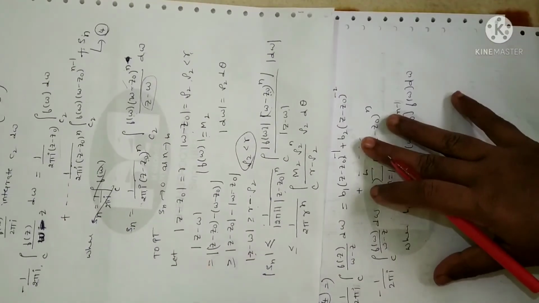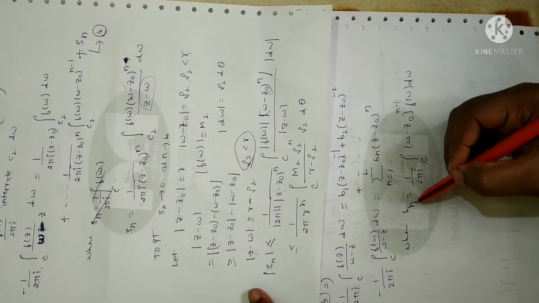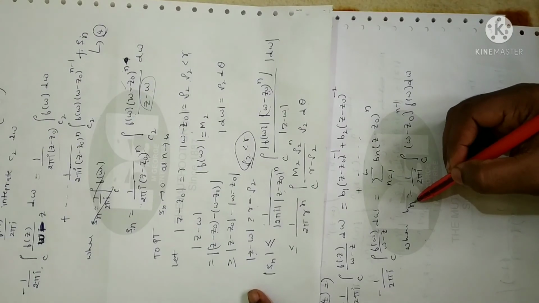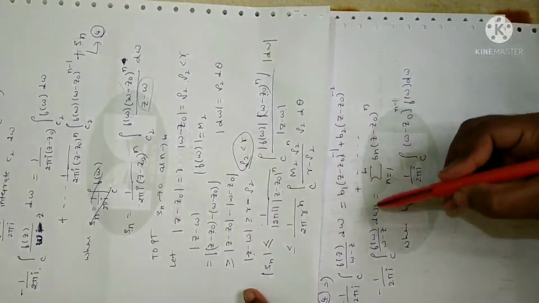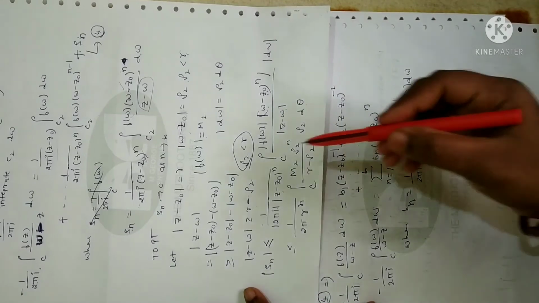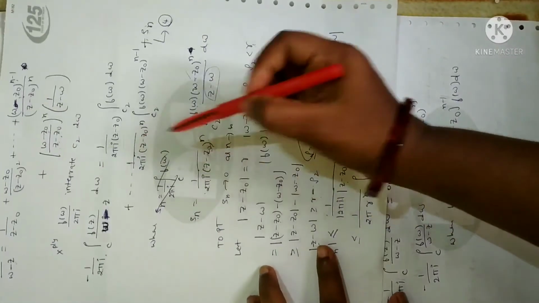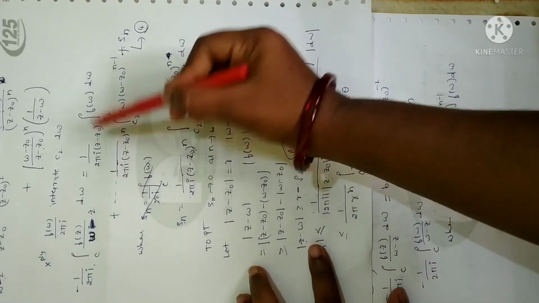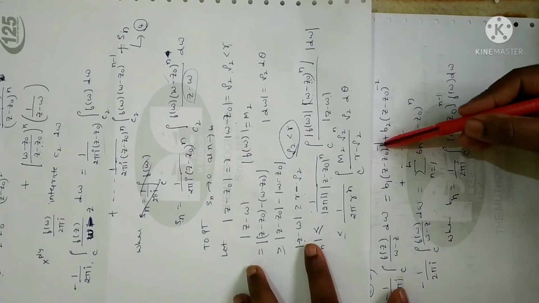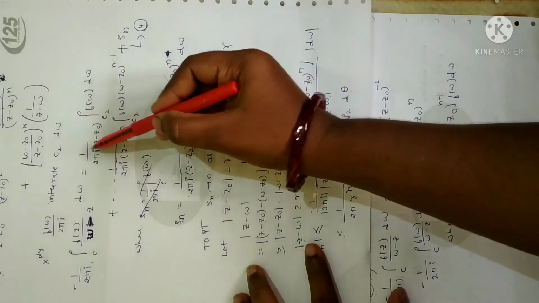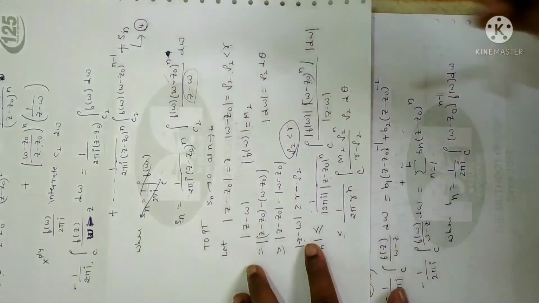Now you can clearly note that whenever you give the value of n, you will get all these expansions. See here, the first term is b1 into (Z minus Z naught) to the power of minus 1.